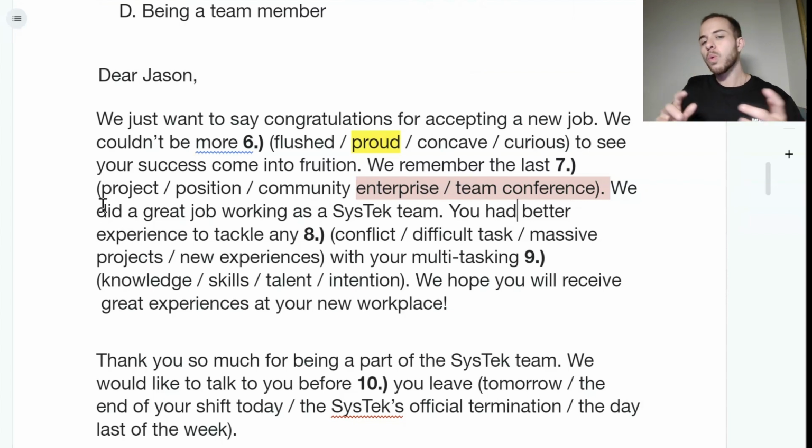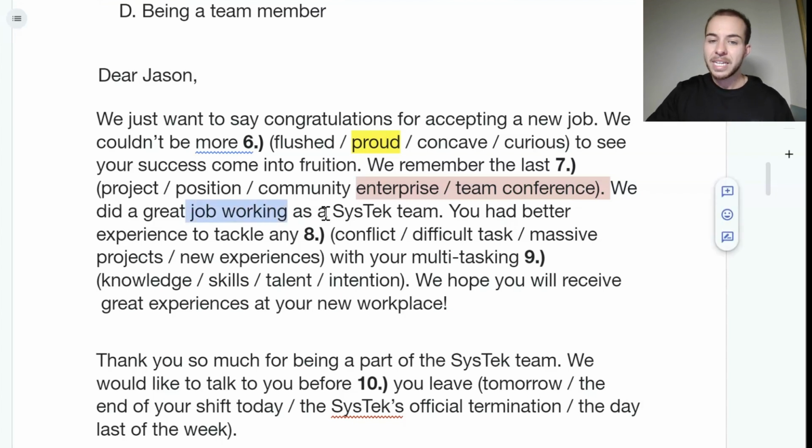So project or position. And we did a great job. Okay, so this was a job working on a team, but they are talking about something they did as a group, not what position they had in the group. So here they are talking about the project.